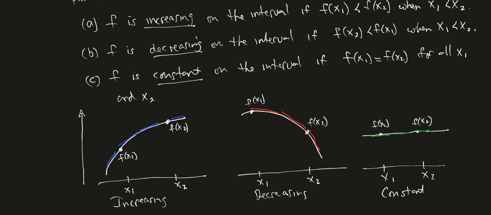So for all of these, if I were to find the derivative of the function and plug in all these different x values, I will always get a positive number, right? Because the slope of the tangent lines are positive.